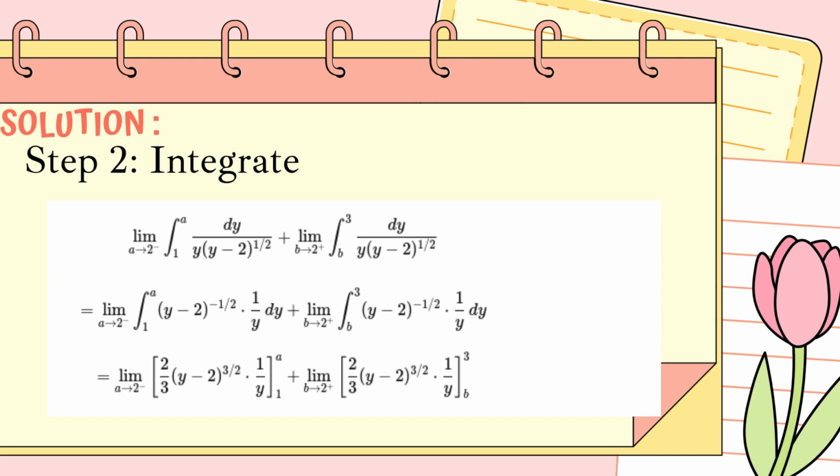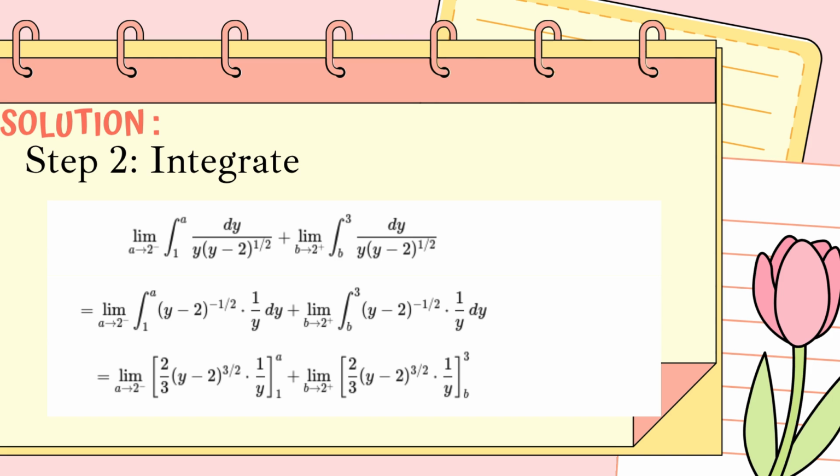Then we simplify here. We have the limit of the integral of y minus 2 raised to negative 1 half times 1 over y dy from 1 to a, plus the limit of y minus 2 raised to negative 1 half times 1 over y dy from b to 3.